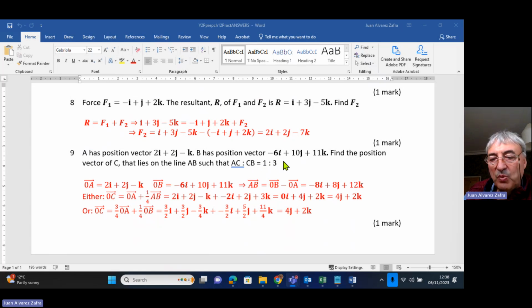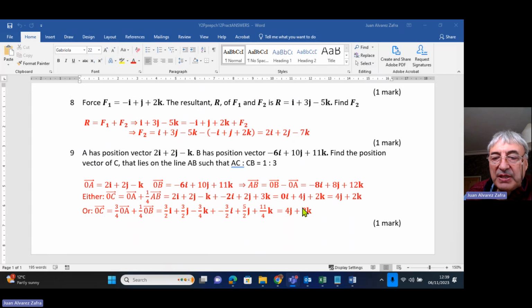The way to work out which weighting to use is that because C is closer to A than it is to B, we need to take the heavier component of the vector of A. So we would want 3/4 and 1/4, and we want to be closer to A than to B, and so we take 3/4 of OA and 1/4 of OB. At least that's how I remember it, in case I'm confused.